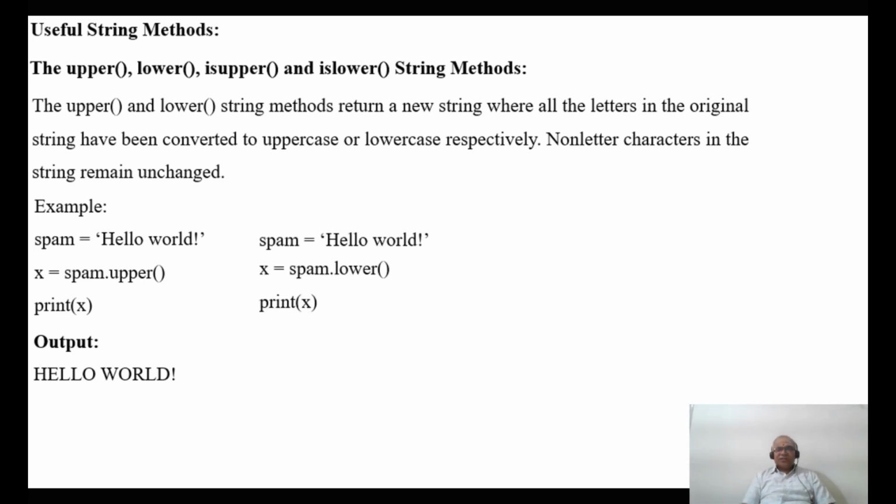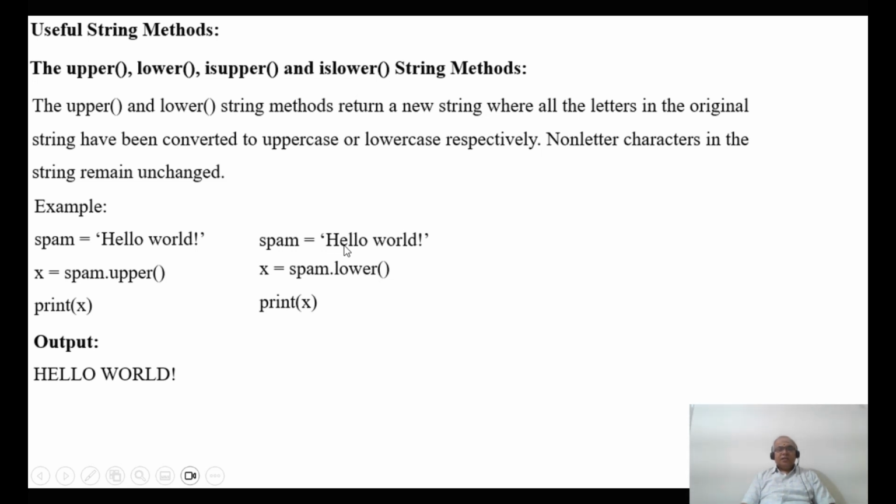Similarly, if you consider spam equals 'Hello world!', here H is uppercase and all other characters are lowercase letters. x equals, I am declaring one more variable, x equals spam.lower(). So what does it mean? The value contained in the variable spam, which is Hello world, you convert this entire string into lowercase letters, that is small letters.